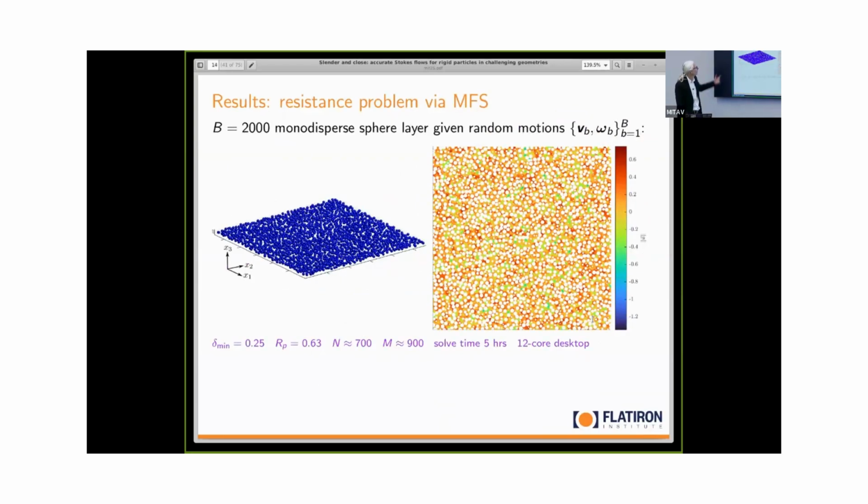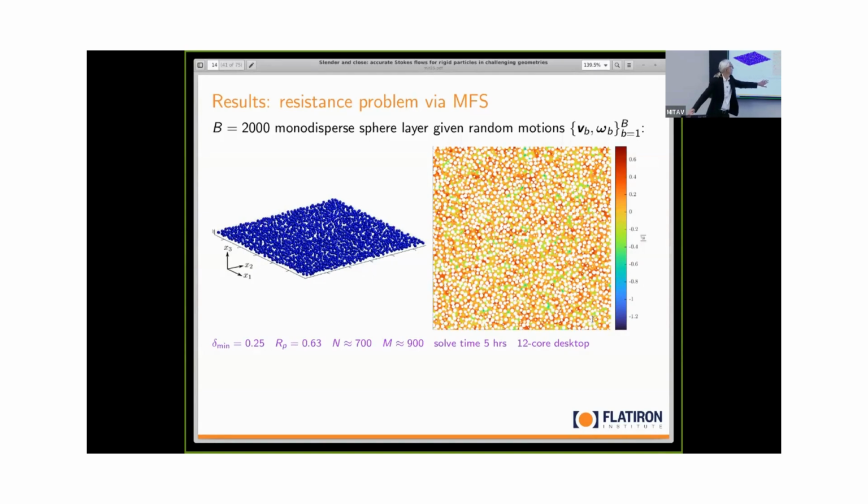Right? So now here's some of the demonstrations from the paper. 2,000 spheres, they're approximately in a layer. You give them all random motions, and you want to know what are the forces and torques that result. What's the sort of drag on all of those spheres? They're not close to each other. They're a quarter of a radius apart at worst.